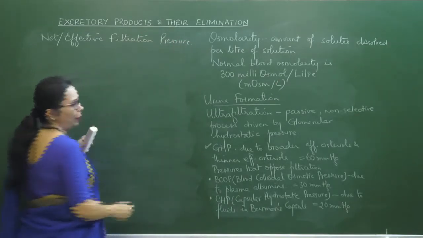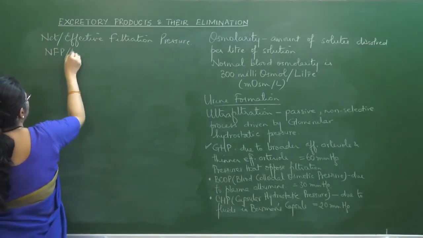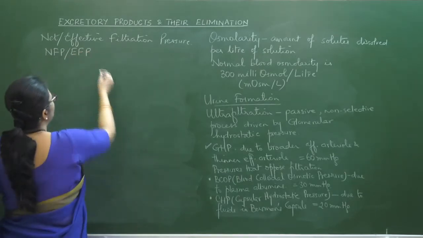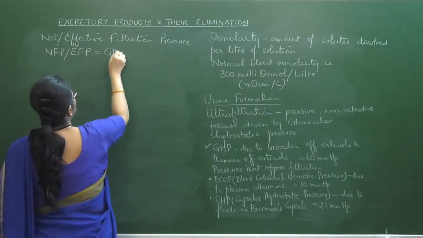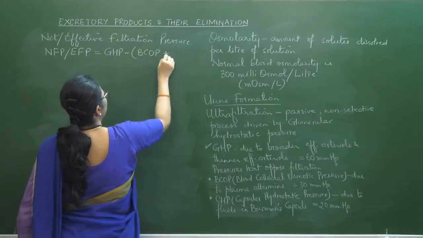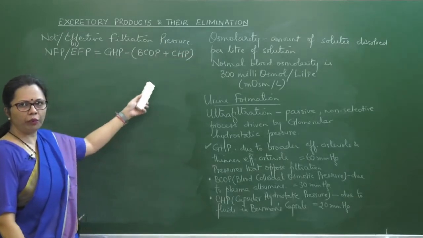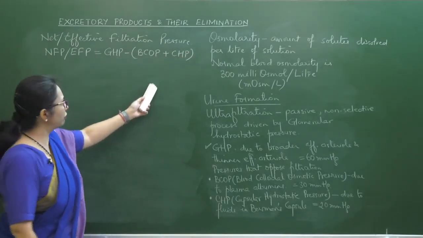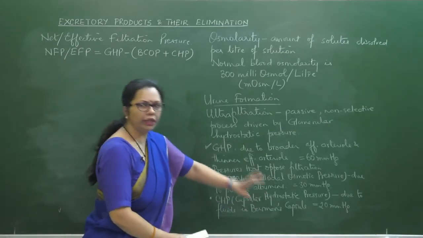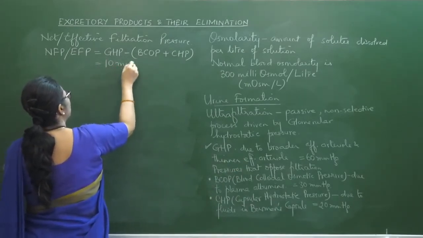You can write NFP or EFP, any such short form. So this will be GHP minus BCOP plus CHP. So the pressures favoring filtration minus the pressures opposing filtration, and you see this is 60 and these are 30 plus 20, that is 50. So your value would be 10 mm of mercury.